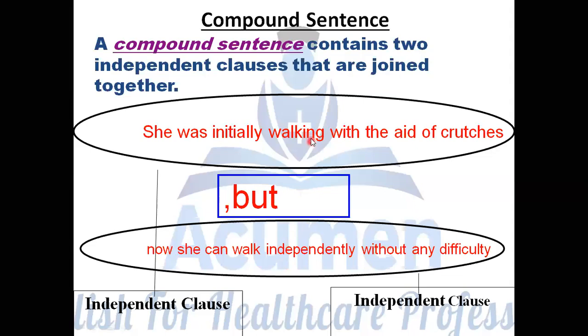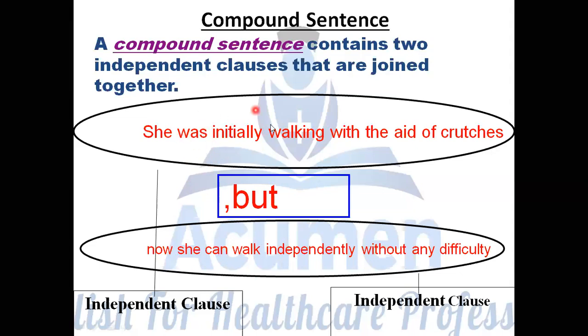But because they are both related to walking, I want to connect them. Now, if I want to connect them as a dependent sentence, then the tense in both sentences has to be the same. But here that's not the case.